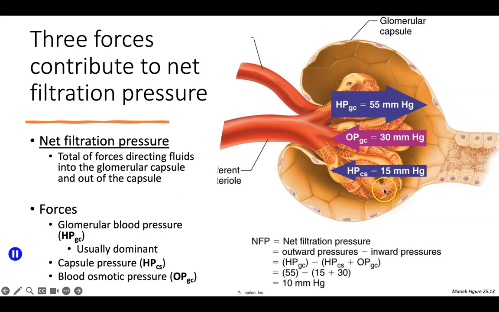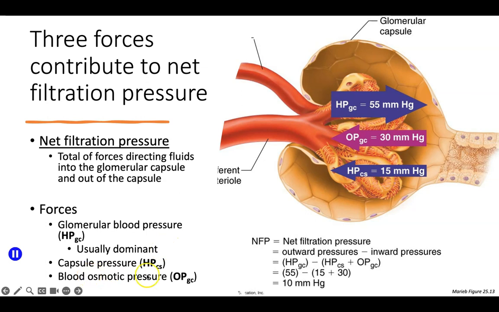I'll remind you that this is a high pressure capillary bed, so lots of hydrostatic pressure pushes substances from the blood into the filtrate. This is usually dominant. However, there is a capsule pressure, the hydrostatic pressure of the capsule, and it provides some force in the opposite direction.